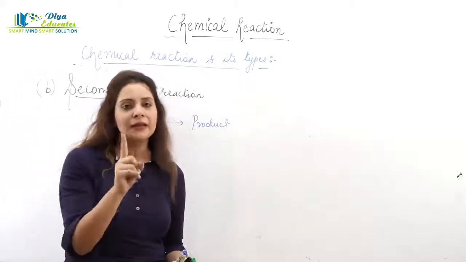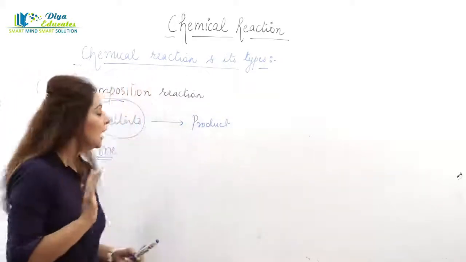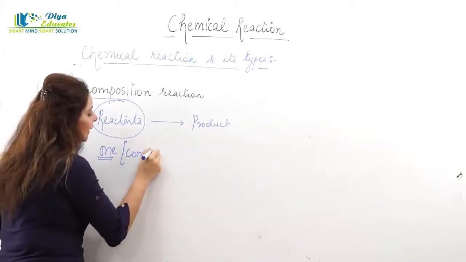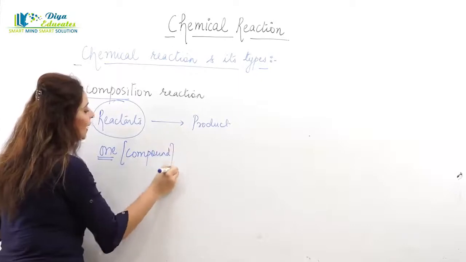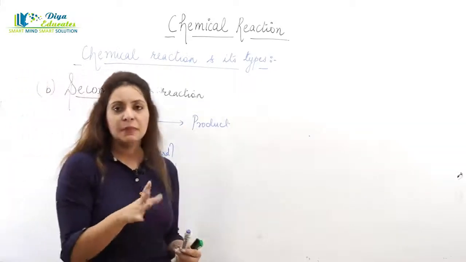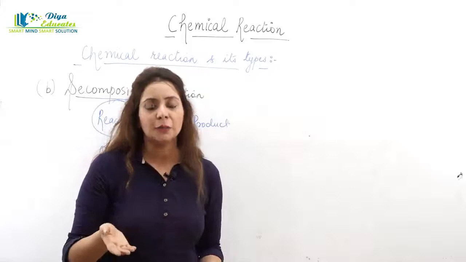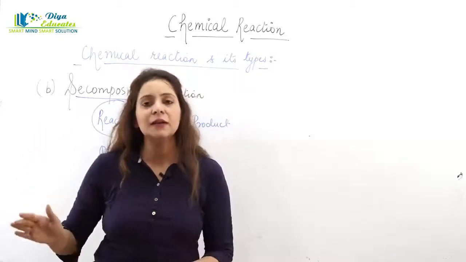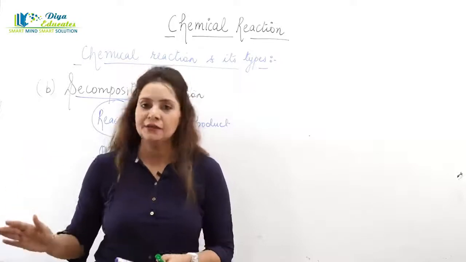We have only one reactant on the left hand side, and that reactant is definitely a compound, because we know that a compound can break up but an element cannot break up. So we have a single compound as a reactant on the left hand side.